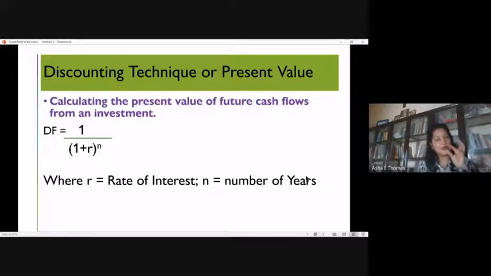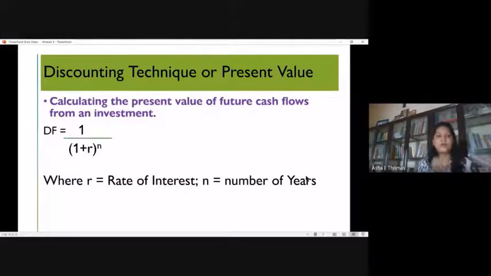That is because normally we are used to a scenario of decrease in the value of money because of inflation and many other factors prevailing in the economy. So the value of 1 rupee after 1 year would be much lesser than what it is today. That is the concept of the discounting technique.